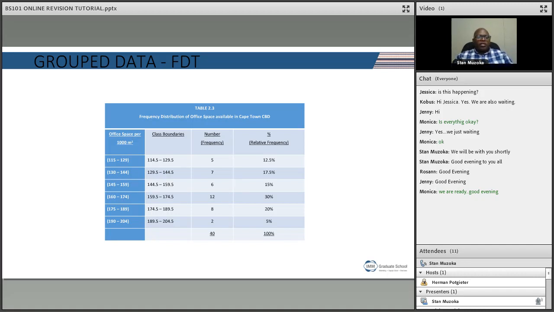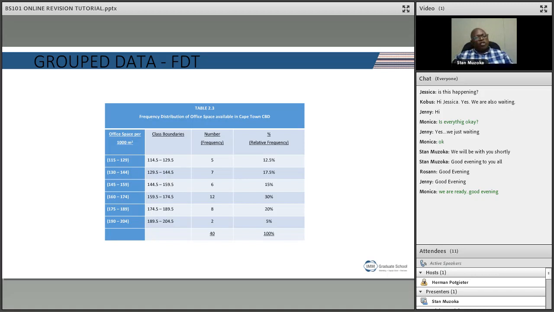We will group it in groups of 115 to 129 with a class width of 15, where the bin will contain a range of 15 in terms of the observations that go into that bin.